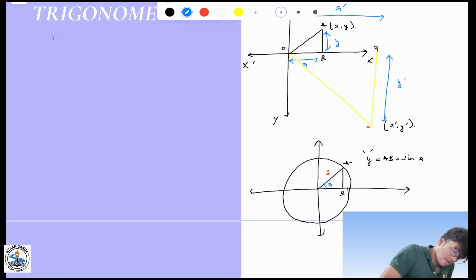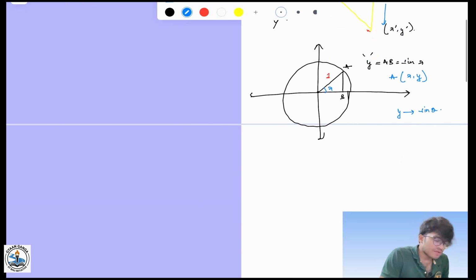So if A is characterized in this plane by x and y, then y is actually sine theta. Or let's make it much clearer: if A is characterized by 2 points, let's say 2 and 3, and it lies on the unit circle, that is essential.